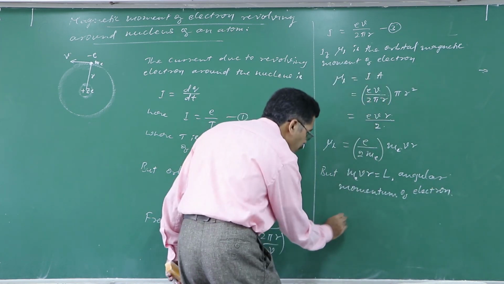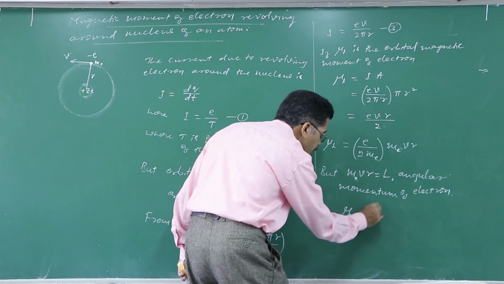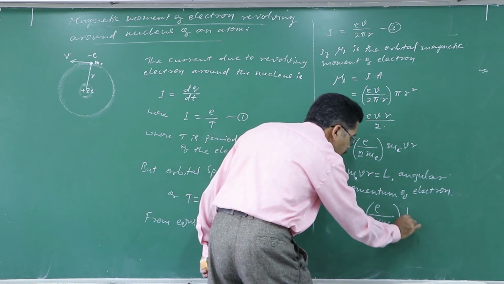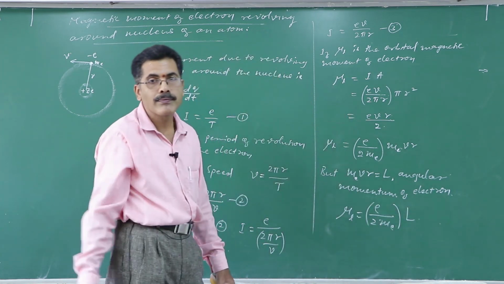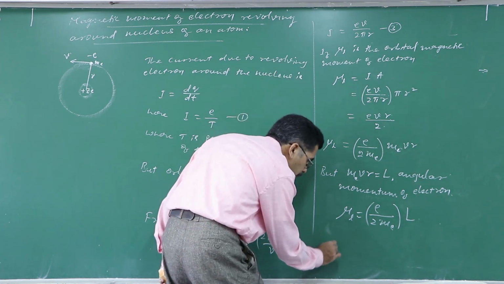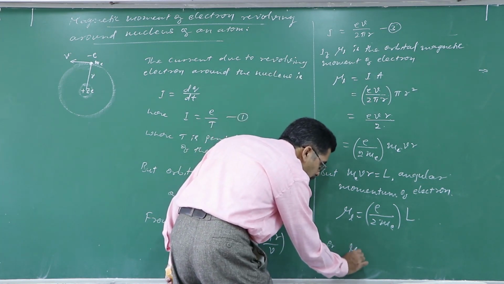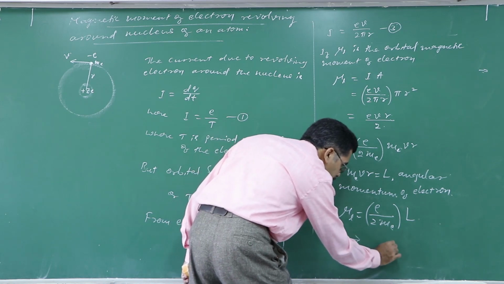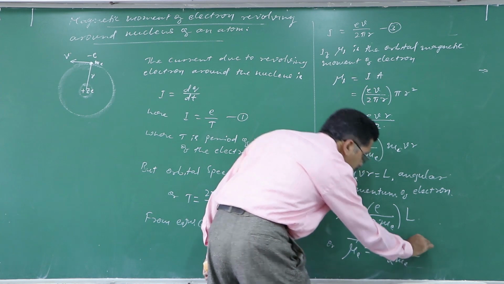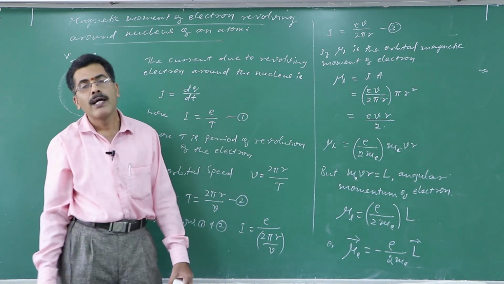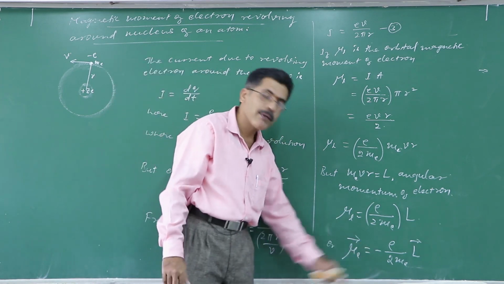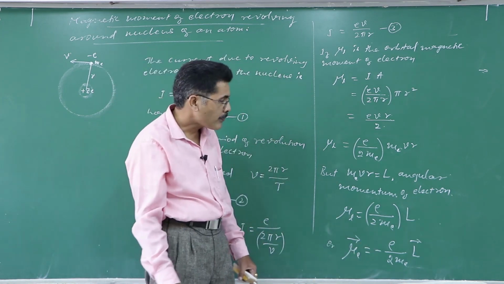See, therefore mu L is equal to e by 2me into L. Or if you want to write in vector form, mu L is equal to minus of e by 2me into L. Because angular momentum and magnetic moment are oppositely directed, that's why I have put the minus sign.